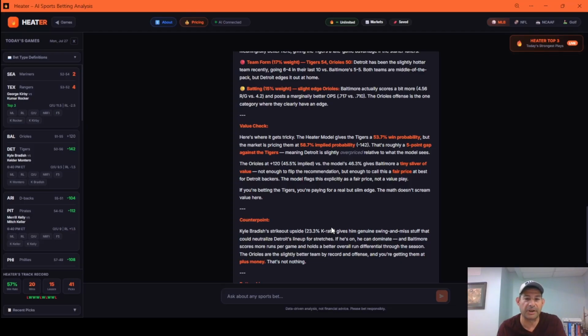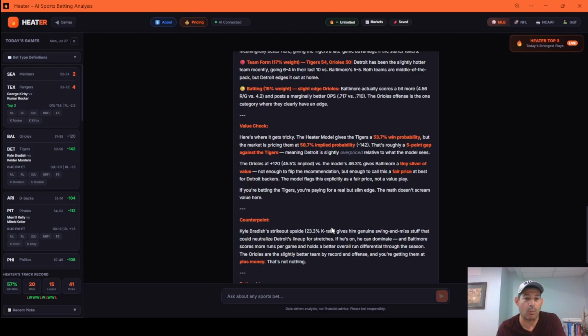The Orioles at plus 120 is 45.5% implied versus the model's 46.3, which gives Baltimore a tiny sliver of value. Not enough to flip the recommendation towards the Tigers, but enough to call this a fair price at best for the Detroit backers.